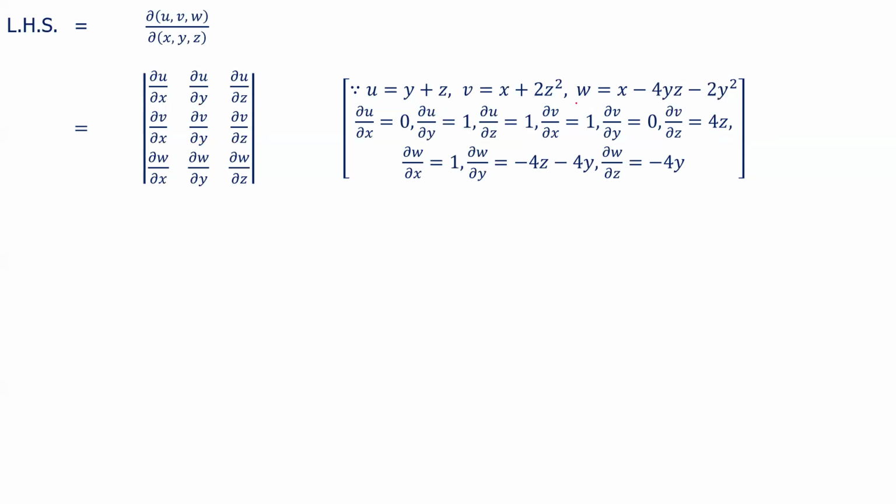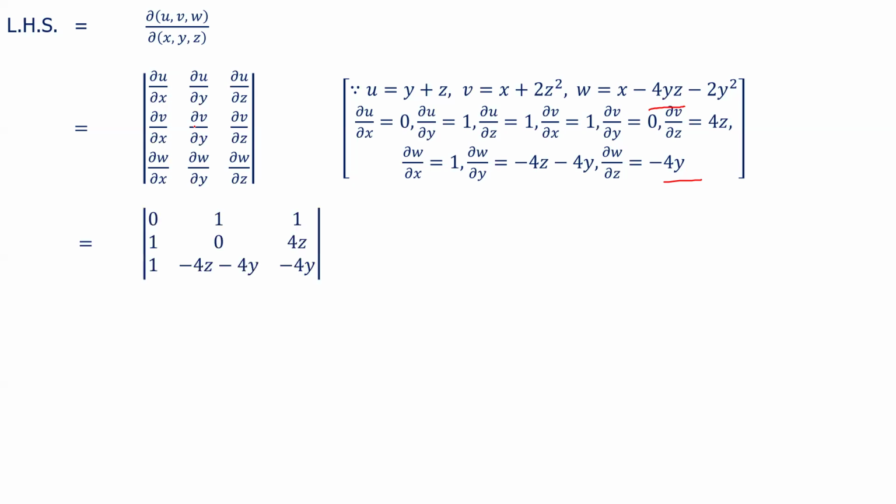Similarly, the partial derivative of w with respect to x is 1. With respect to y, both terms are functions of y, so it is minus 4z minus 4y. Del w del z is only this term, minus 4y. So these are the different values of the partial derivatives.